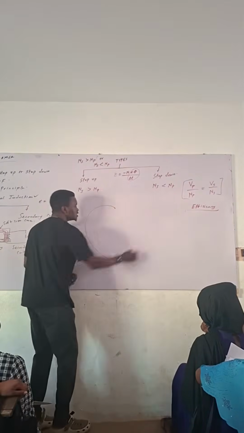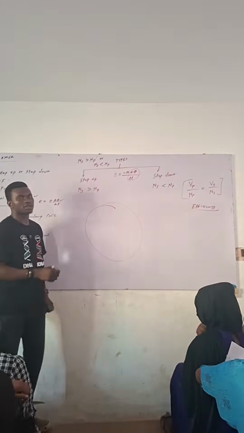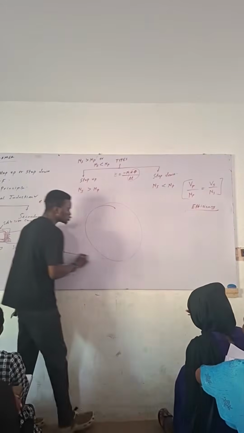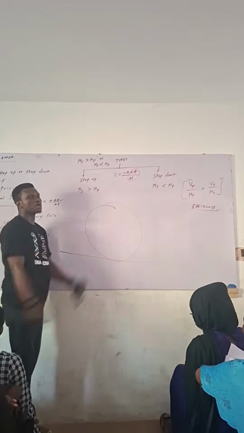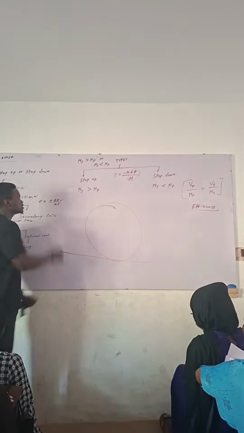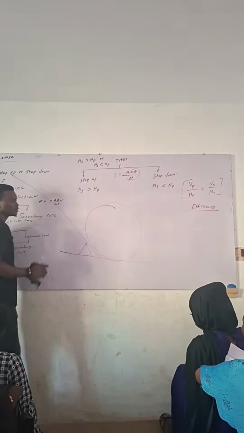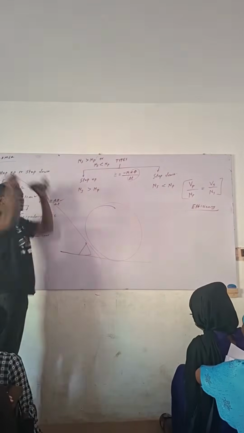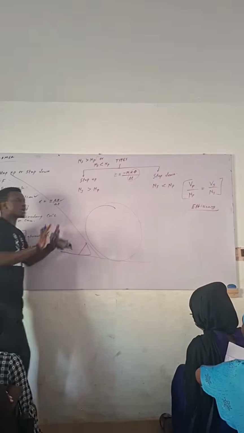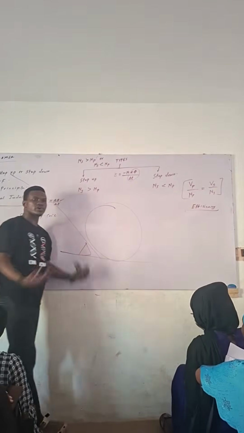What did Archimedes say? He's looking at it that if you want me to push this whole world, it might be difficult, but all I need is just a lever and a fulcrum. It will be very easy.